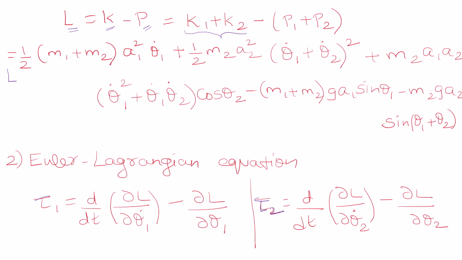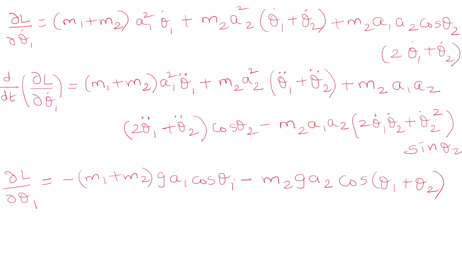So the Lagrange equations will be d by dt of dou L by dou theta 1 dot minus dou L by dou theta 1, and the second equation, d by dt of dou L by dou theta 2 dot minus dou L by dou theta 2.